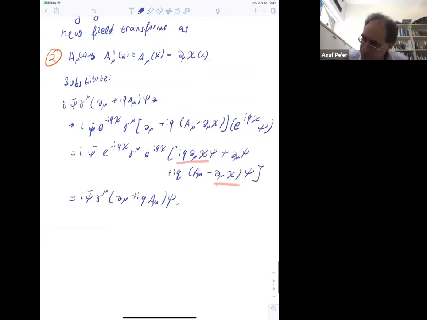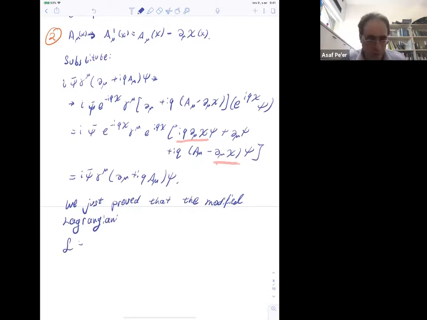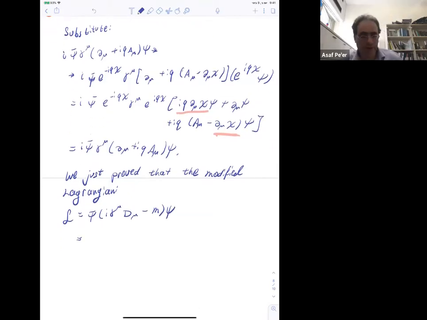So we just proved that the modified Lagrangian, L, which is psi bar i gamma mu d mu minus m psi, that's right, which we can write down in length, right?